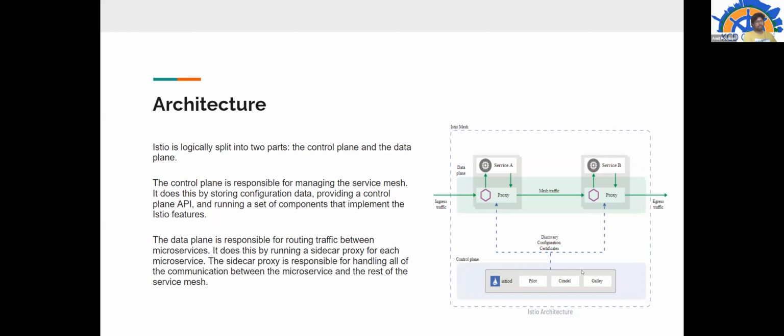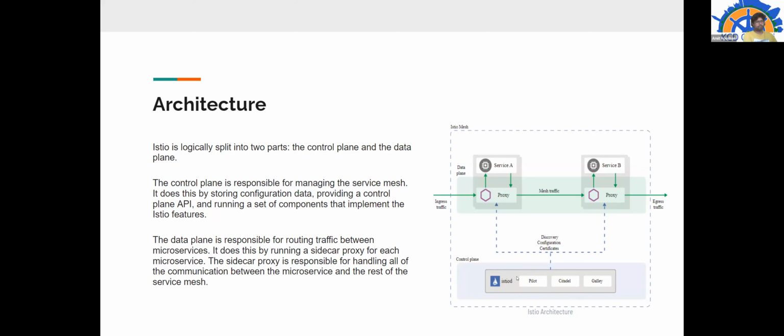Actually, traditionally, all these components, all these modules, were microservices, but they were very chatty in nature. So eventually what the community has done is put all those microservices together in a single process, which we call Istio. So currently, all these components are part of a single pod and process, which we call Istio.